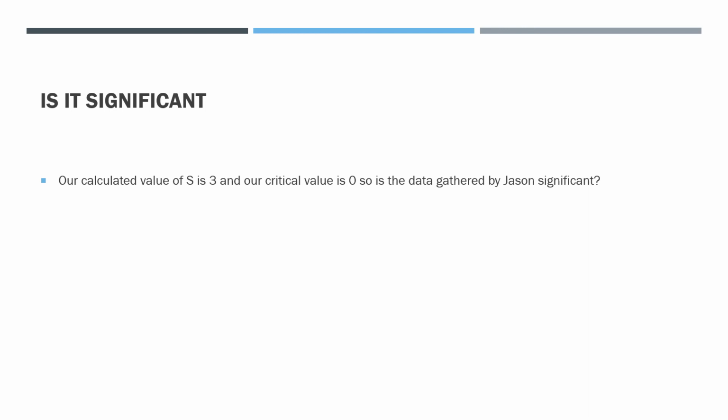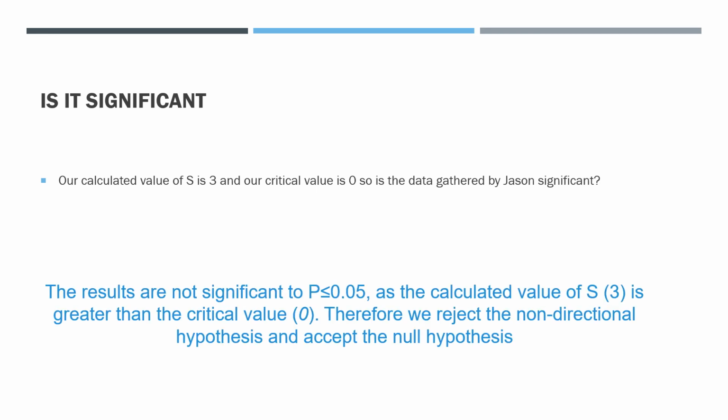I want you to pause the video and try and write a significance statement for me, please. So significance statement, we have got a framework for this, which I have put on here. So the results are not significant to P of 0.05 as the calculated value of S, and then you put the number in, 3, is greater than the critical value of 0.